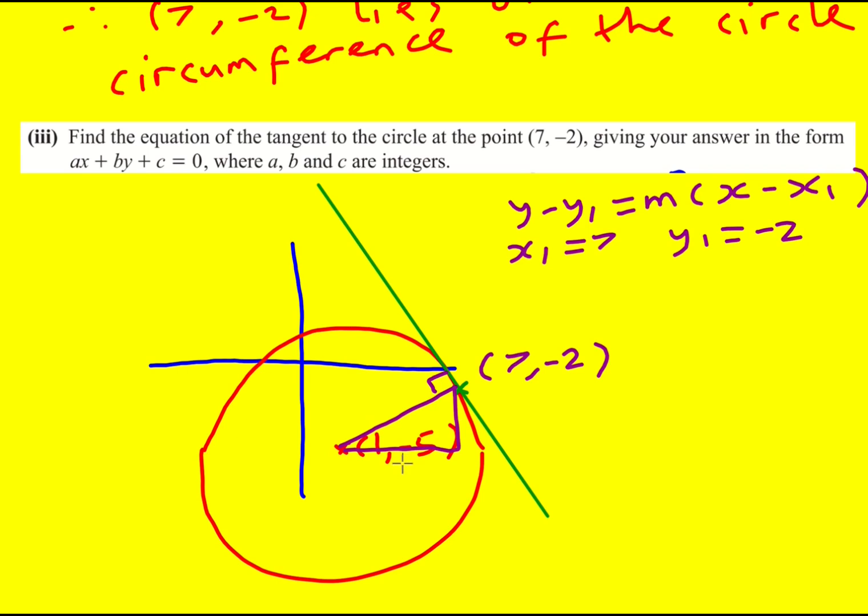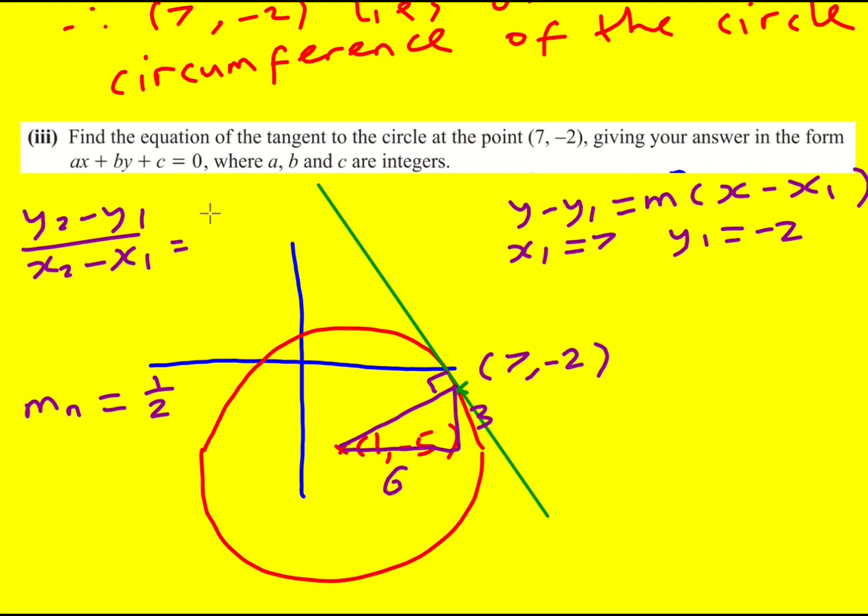Now I'm going from 1 to 7, so I'm going 6 along. And I'm going from −5 to −2, so I'm going 3 up. And the gradient of the normal is going to be 3 over 6, or a half. By the way, you could get this by doing (y₂ − y₁)/(x₂ − x₁).